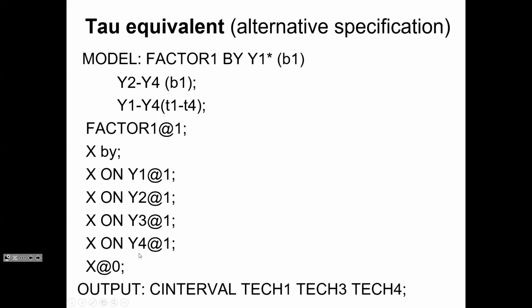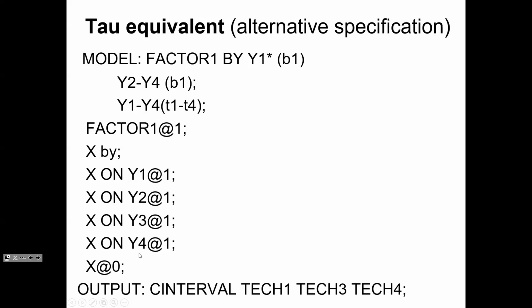y1 star, and then I'm naming that B1, and then here I've got y2 to y4. Now, notice here, because I don't have a semicolon, that's actually a continuation of the first line. If I had a semicolon there, that would be saying the variances of y2 to y4.